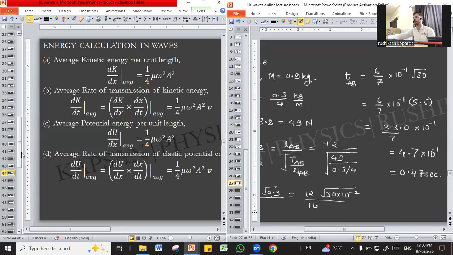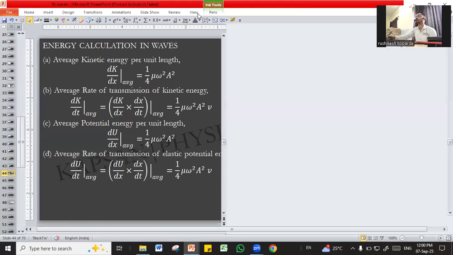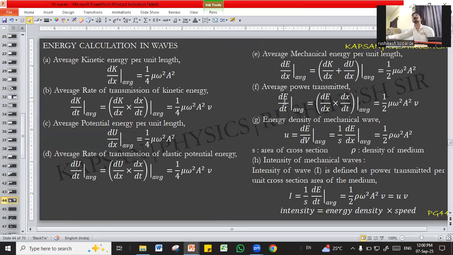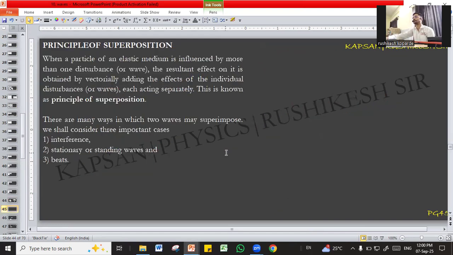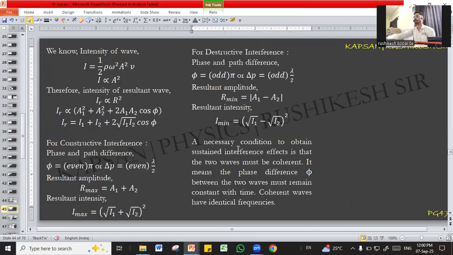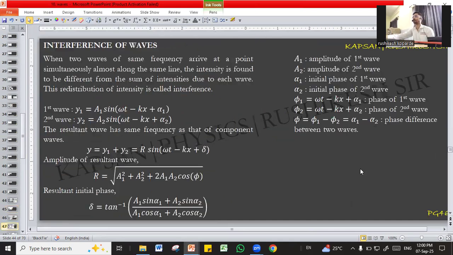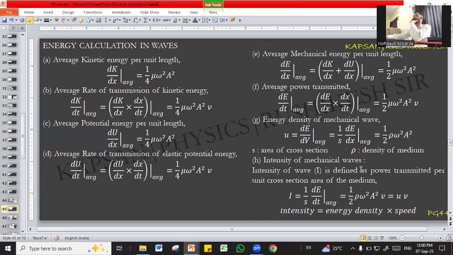Then we have energy calculations. You can see these complex equations. Energy calculation in the wave.